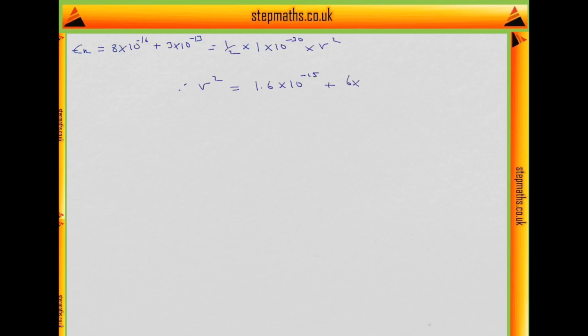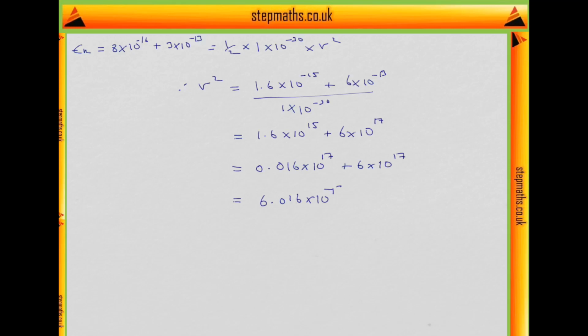plus 6 times 10 to the minus 13, divided by the mass, 1 times 10 to the minus 30. That's equal to 1.6 times 10 to the 15 plus 6 times 10 to the 17, which is 0.016 times 10 to the 17 plus 6 times 10 to the 17, which comes out as 6.016 times 10 to the 17.